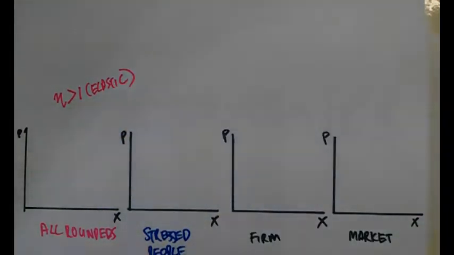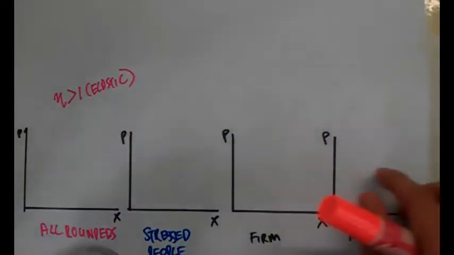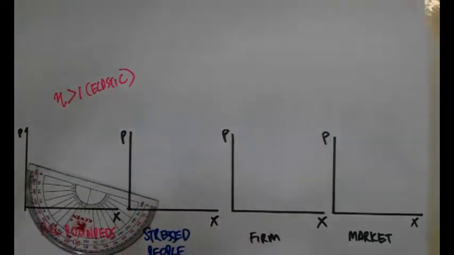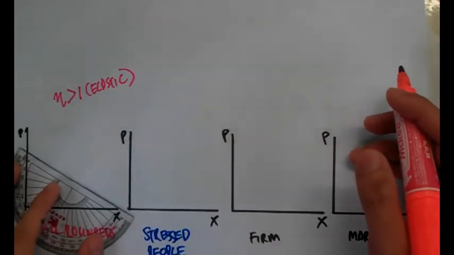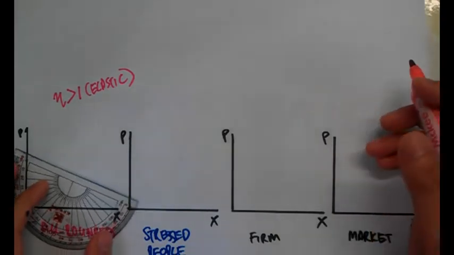If you read down, they say that the all-rounders constitute a much smaller group of consumers than the stressed people. So I'm just going to draw the demand curve, and it has to be a flat one because it is elastic. Don't worry about the size of the consumer group first, because we'll get to that later.